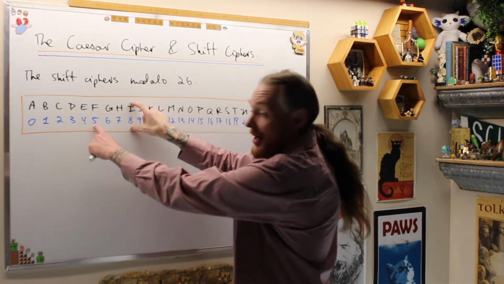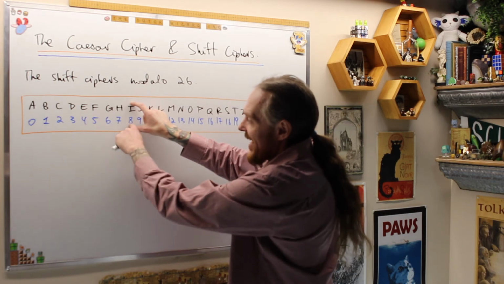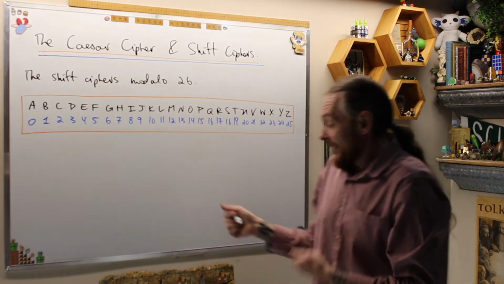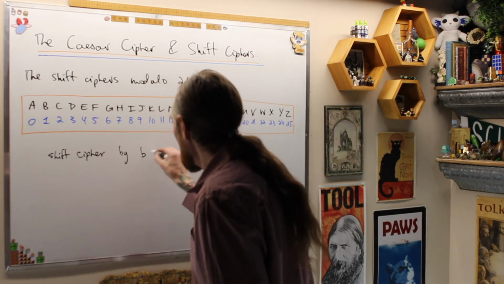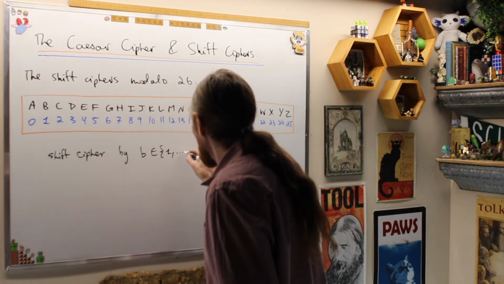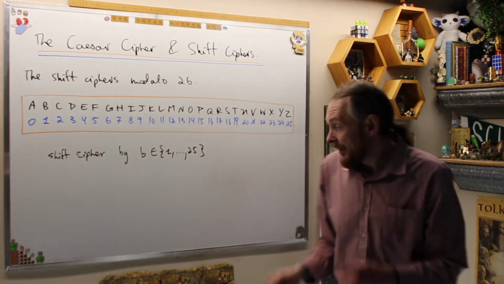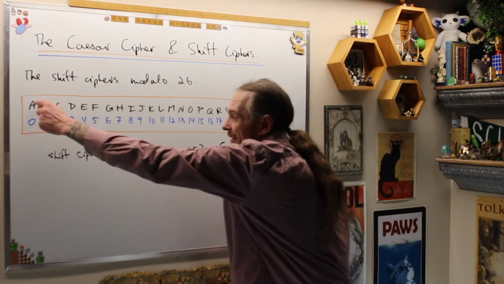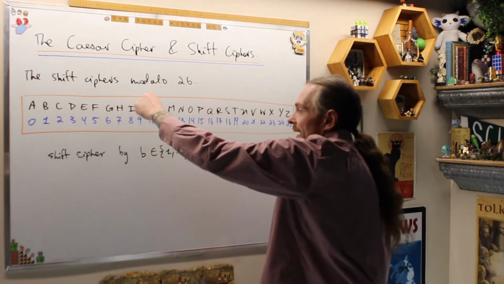But now as a number, you can see I've just added 3 to the 5 to get the 8. So now what we can say is the shift cipher by B, which is going to be in 1 to 25. The Caesar cipher, specifically B equals 3. Then we're going to shift by B. So whatever the B is, it'll be 1, 2, 3, 4, 5, 6, 7, 8, 9, say.